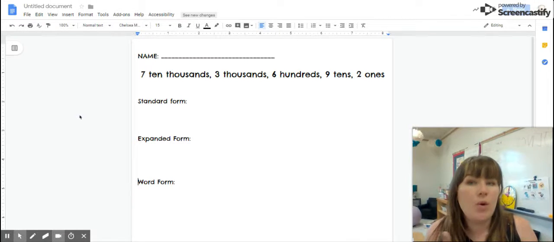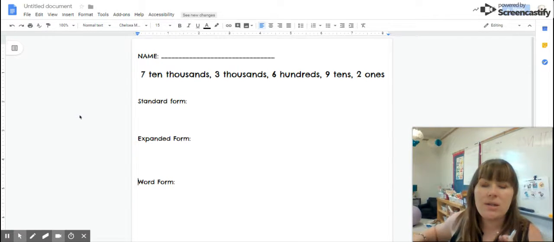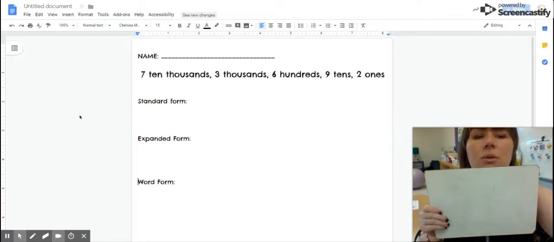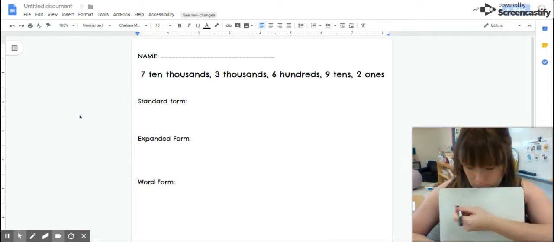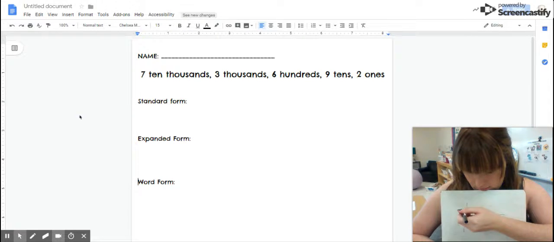My first step whenever I see words like thousands, hundreds, tens, is that I know I need to get my work down on a place value chart. So what I'm going to do is go ahead and draw myself a place value chart. I'm going to do one line across. The first one down is going to be ones, tens.